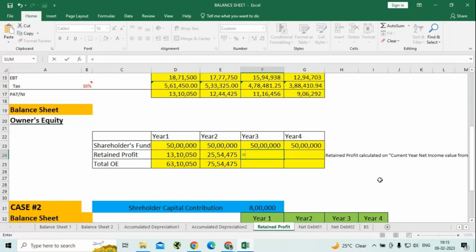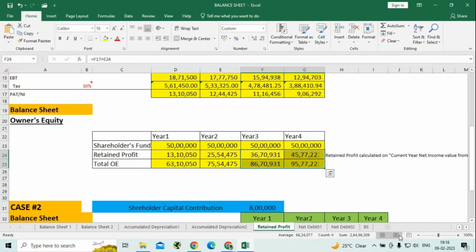So the current year net income plus the previous year retained profit of the balance sheet. This is how you calculate retained profit on the balance sheet.